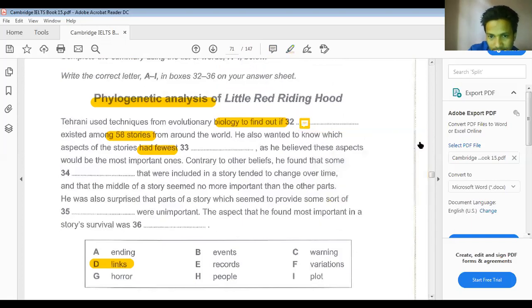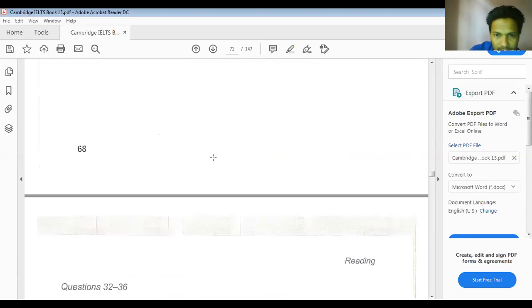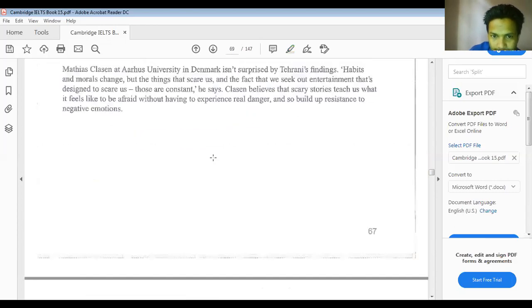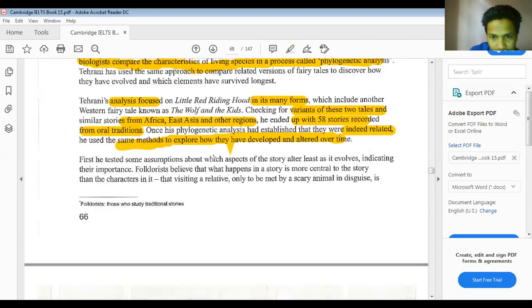Okay, let's look. And he also wanted to know which aspect of the stories had the fewest, as he believed this aspect would be the most important ones. Which aspect had the fewest? Okay, look here. There is no one. Nothing. Just the same methods to explore how they have developed.